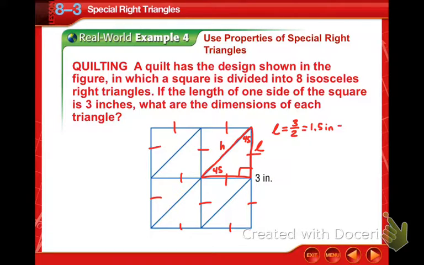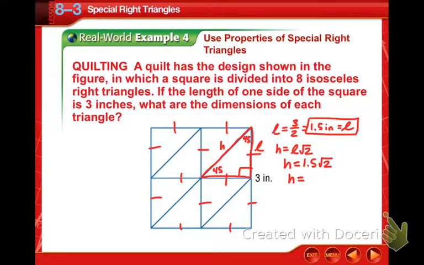So that's our L. All right. So now we need to find our H from that. We know that H is equal to L square root 2. Had a brain fart there. H is equal to 1.5 square root 2.